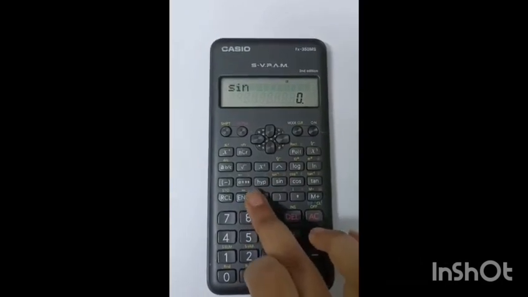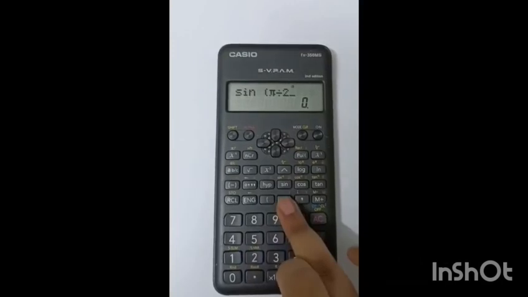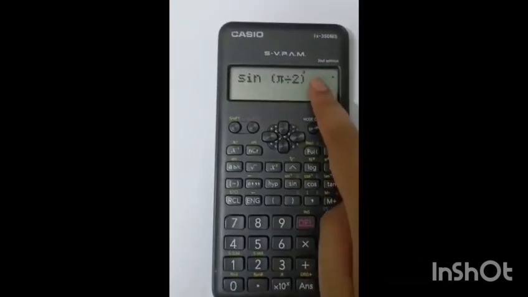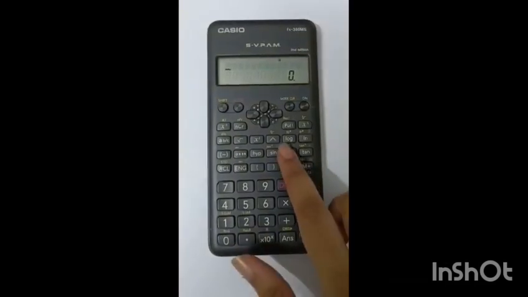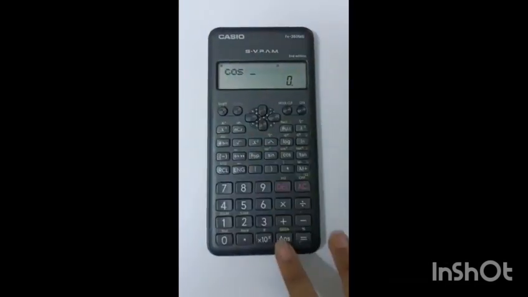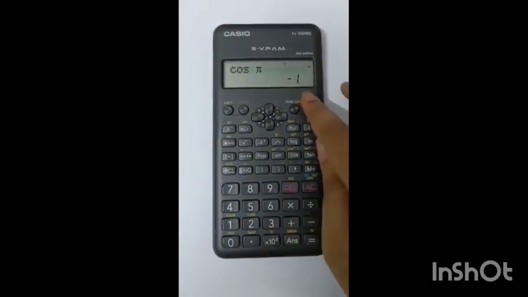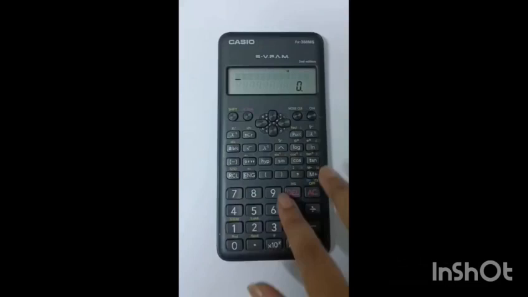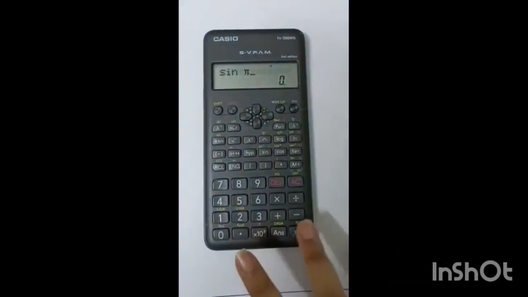Sin, open bracket, shift pi divided by 2. Sin pi by 2 is equal to 1. This is cos pi. Cos, shift pi. Cos pi is minus 1.